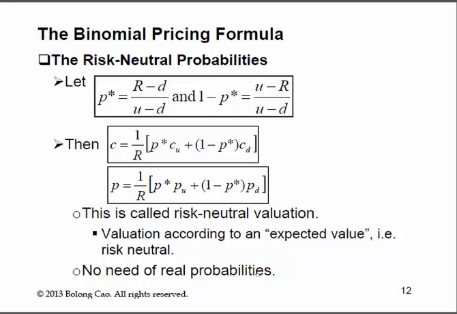You don't need to worry about that as long as you know the two numbers. See, there's this magic here. You know the two numbers: the underlying price in the upstate and the underlying price in the downstate. Once you know those two numbers, you can use the risk-neutral probability to price basically any asset related to this pair of payoffs.